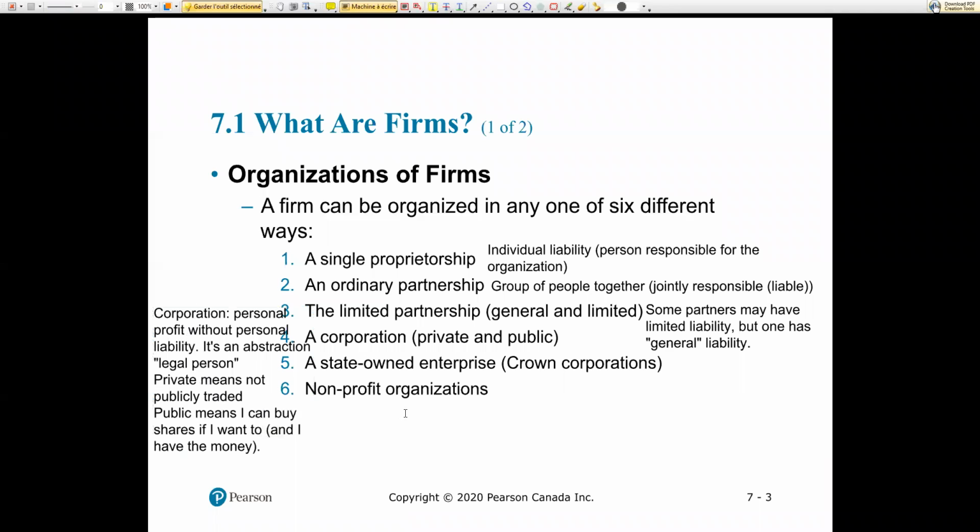Now public firms can be owned by individuals or states, doesn't matter. But then state-owned means that they're mostly state-owned, so this is like property of the state.